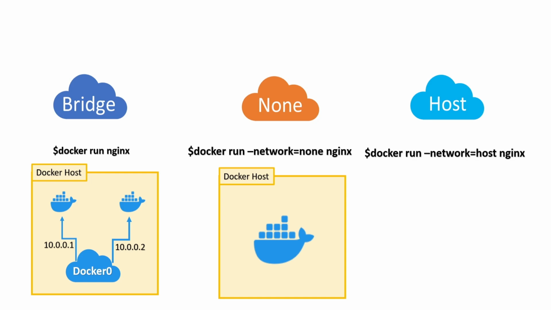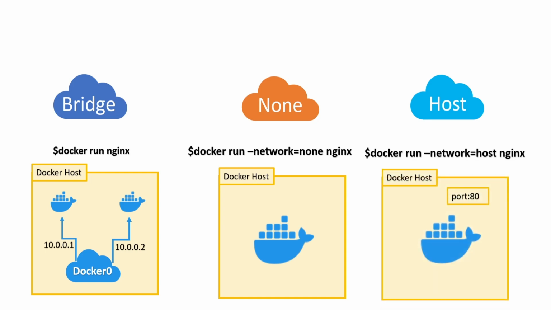Then we have host. Host means your container will use your PC's NIC and IP. So there is a network, and it will use the host network NIC card driver. I'll show in a practical way how, whenever you attach the bridge network, it creates a virtual NIC card with its own broadcast and IP addresses.